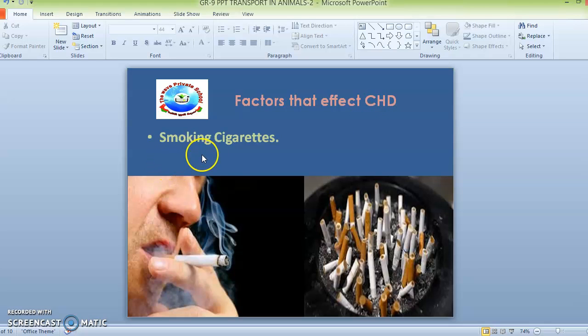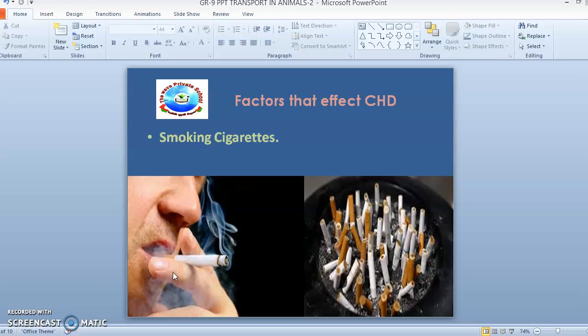The first one is smoking cigarettes. When people smoke, the nicotine present in the cigarettes, the main component of smoking, causes major damage to the circulatory system.